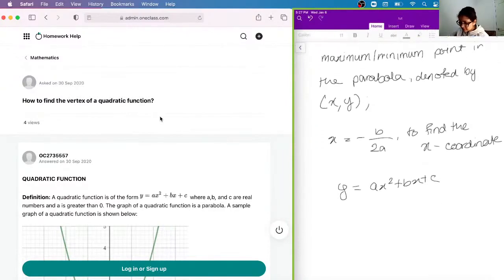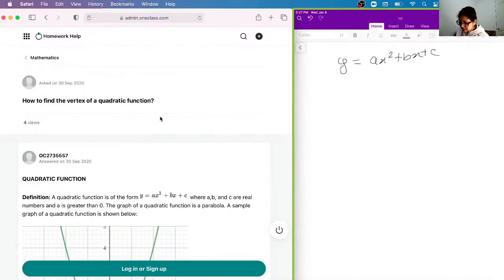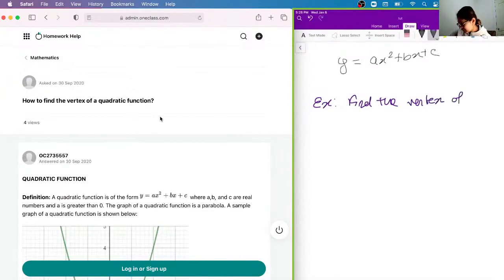Okay. So for example, let's find the vertex of the quadratic function y equals x squared minus 2x plus 1.